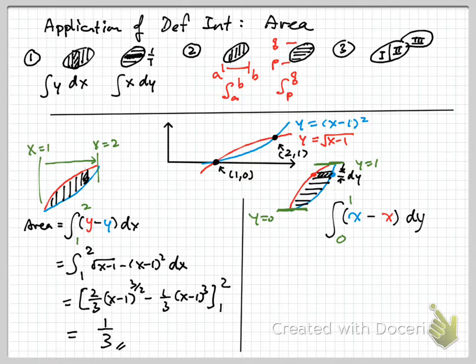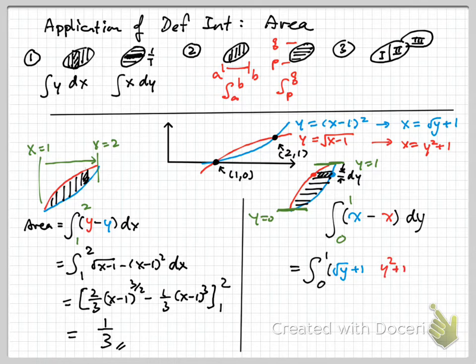Now we need to make x the subject, so we have x is the square root of y plus 1 for the blue. For the red, we have x is y squared plus 1. So we put all of this into the integration from 0 to 1. The blue x is square root y plus 1. The red x is y squared plus 1.